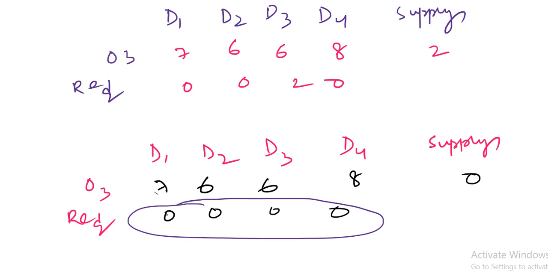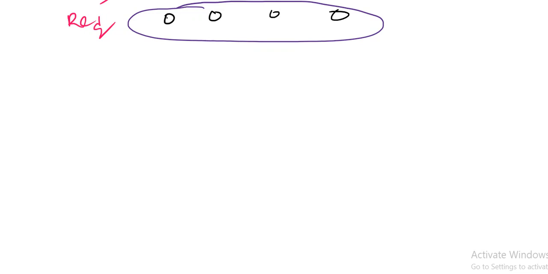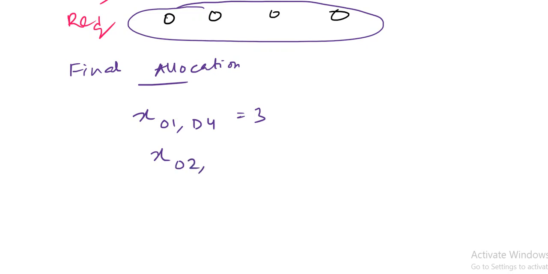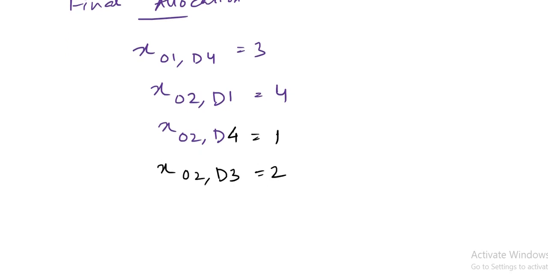So final allocations, what has come here now? What will the final allocation be? x of O1 D4 is 3, x of O2 D1 is 4, x of O2 D4 is 1, x of O2 D3 is 2, x of O3 D2 is 3 and x of O3 D3 is 2.